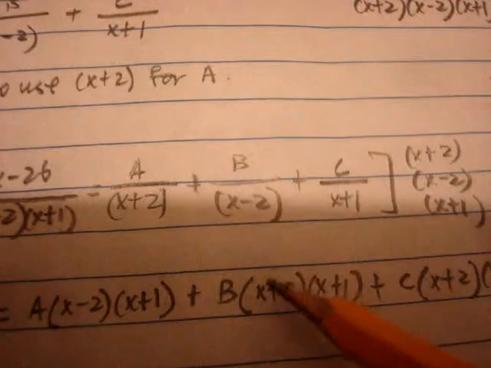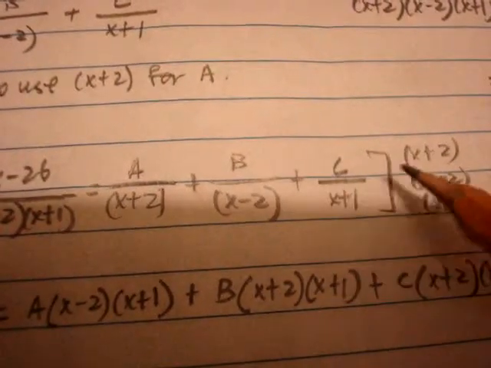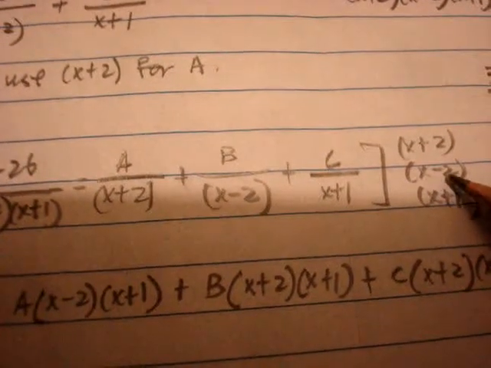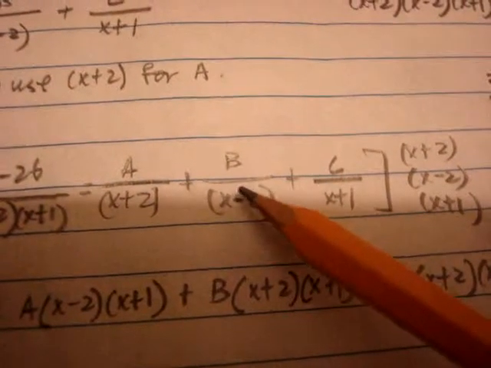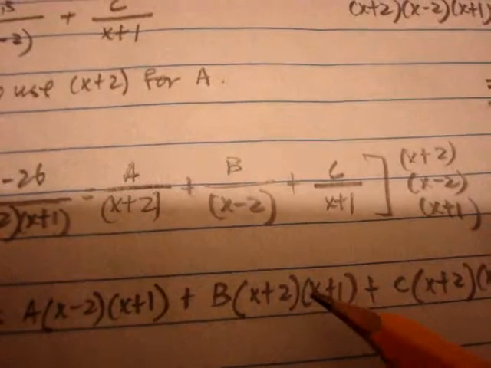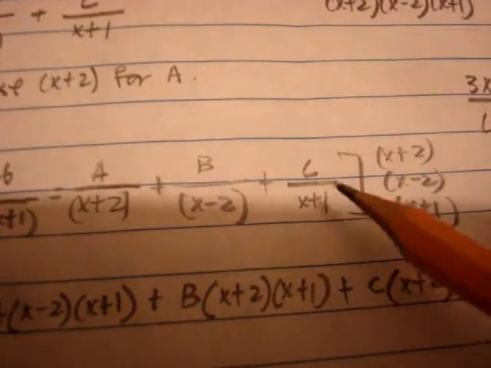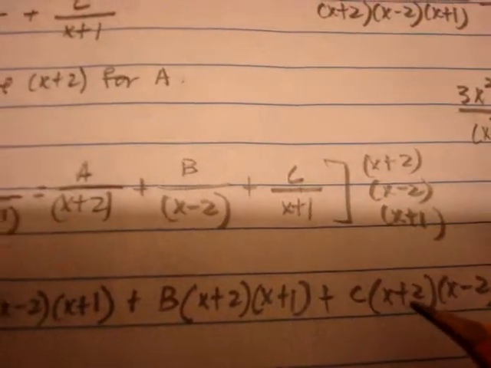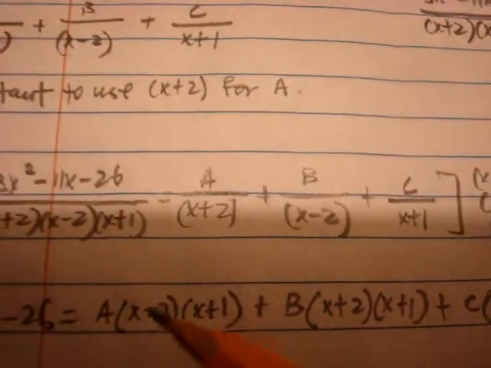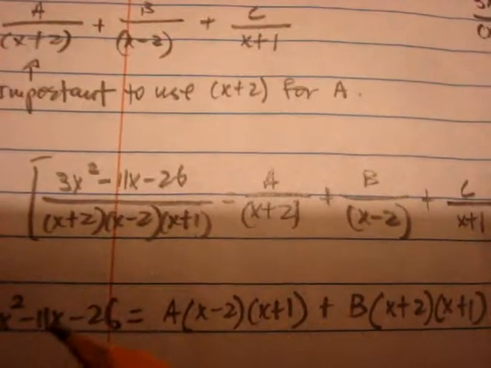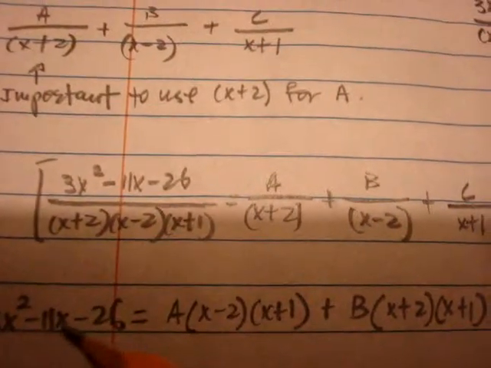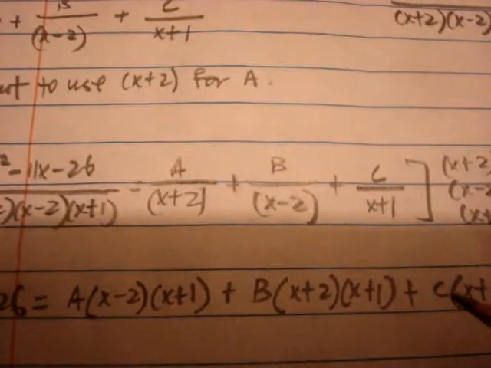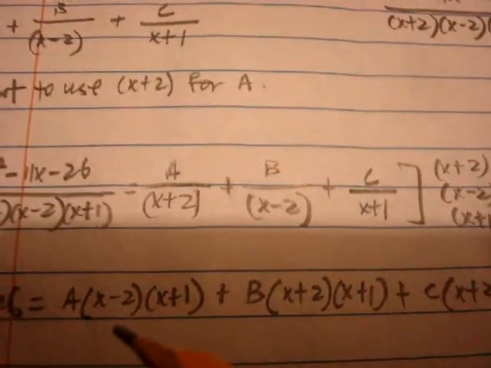As for the B, the x minus 2 will cancel with this common denominator of x minus 2, so you're left with B times x plus 2 times x plus 1. As for the C, it will be this expression. Once you have the linear equation, your next procedure is to plug in a number that will turn A, B, or C into 0.